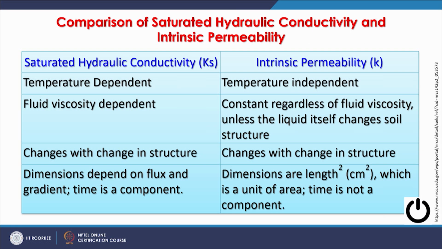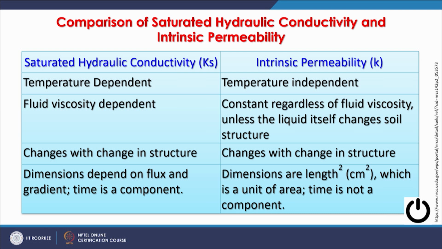Now, we will see the comparison of saturated hydraulic conductivity and intrinsic permeability. As we can see, saturated hydraulic conductivity Ks is temperature dependent, whereas intrinsic permeability is completely independent of temperature variations. Similarly, saturated hydraulic conductivity is fluid viscosity dependent, whereas intrinsic permeability is independent of viscosity unless the fluid itself changes the soil structure.